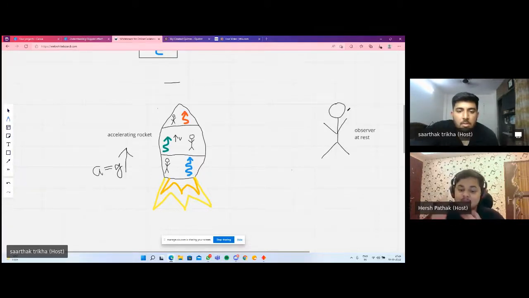So someone in the system would perceive a change in the frequency of light, whereas the other person would not perceive the same change in light because there is no relative motion. Relative motion is what actually causes the Doppler shift, and if there is no relative motion with respect to the source, no matter what the source or the object is in this case, there will be no Doppler effect, so to speak.